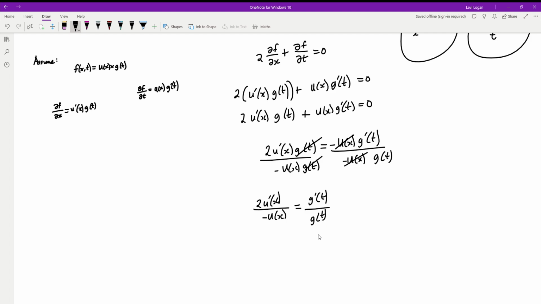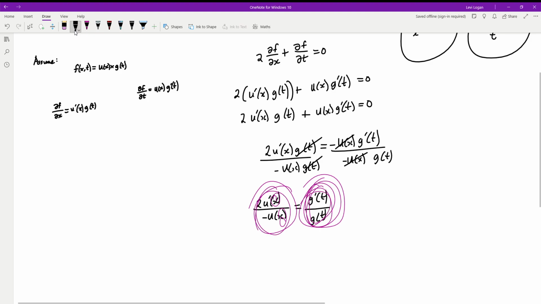Alright, now here is the tricky part. In order for this to be true, they have to be equal to a constant. Because no matter what x values I put in here, this function here is independent of this function. This will always be constant no matter how x changes here. And likewise, no matter how t changes here, this function won't change here.